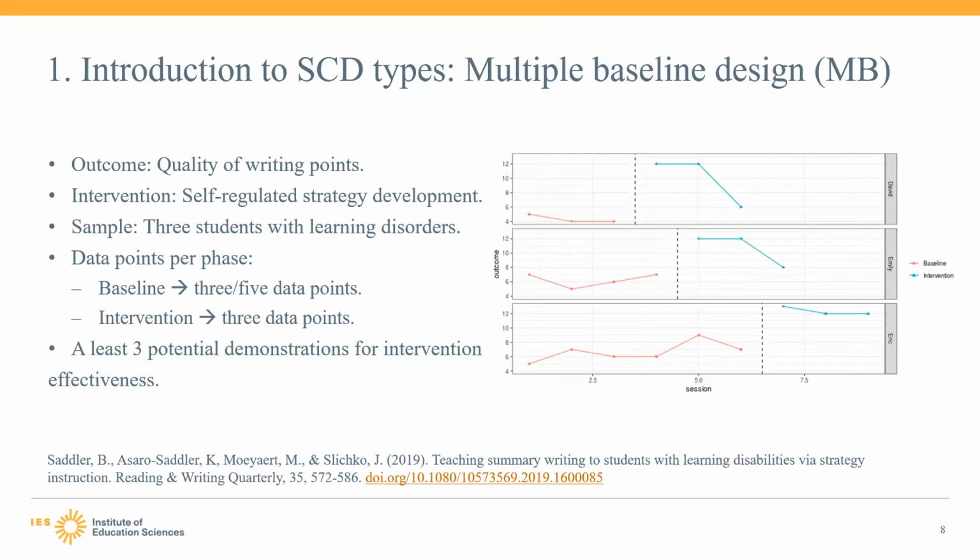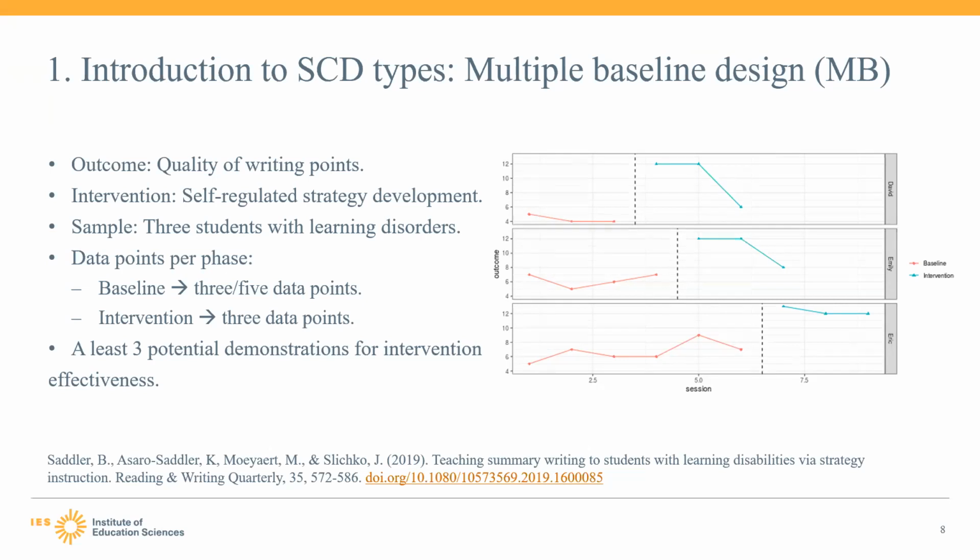By staggering the start of the intervention, it can be evaluated whether a change in outcome score occurred for the participant given the intervention, whereas the other participants' outcome scores remained at baseline levels. This design makes it possible to evaluate intervention effectiveness at 3 different points in time for the 3 different individuals.